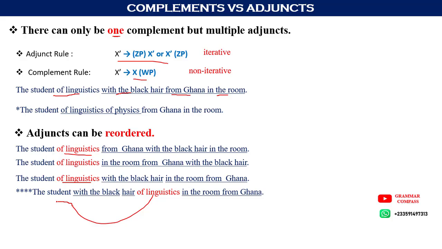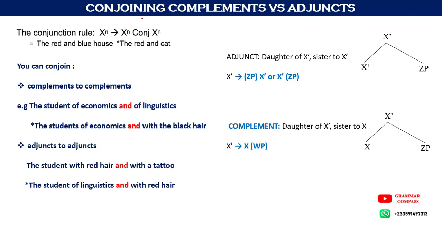Complements cannot be reordered, but adjuncts can be reordered. Now, what is the conjoining property of complements and adjuncts? This is the general rule for conjoining complements and adjuncts. So X-bar gives us an X-bar, which is conjoined with an X-bar.